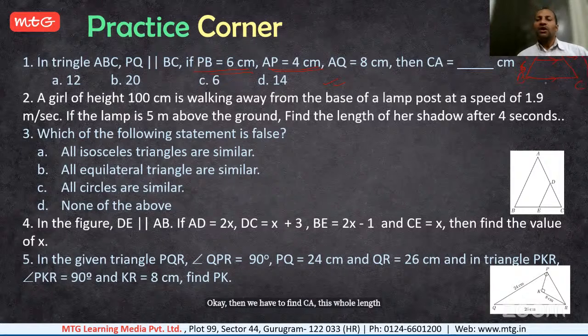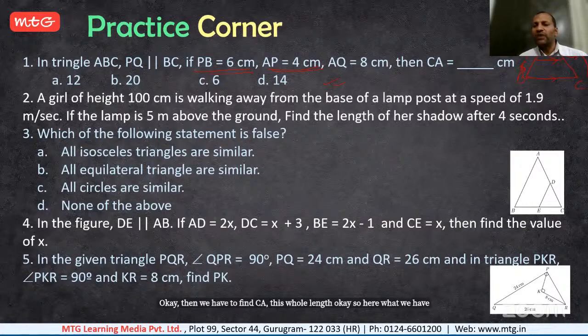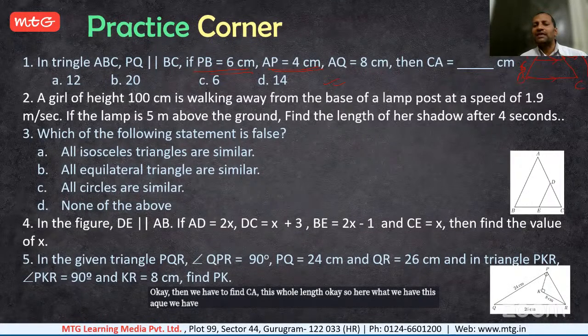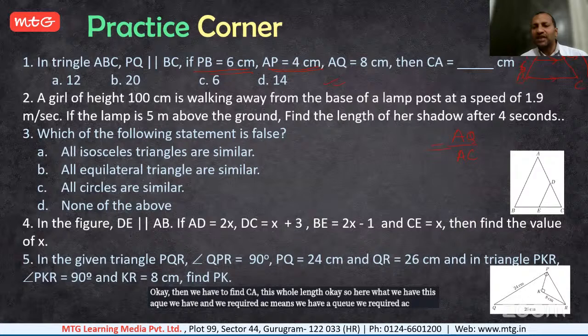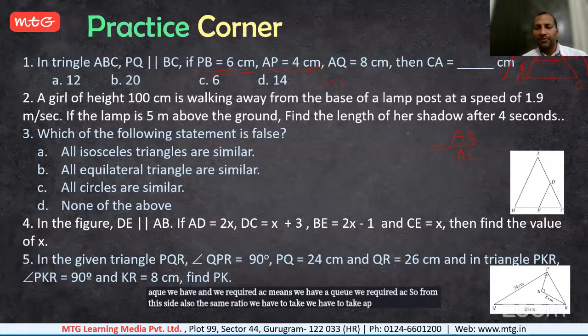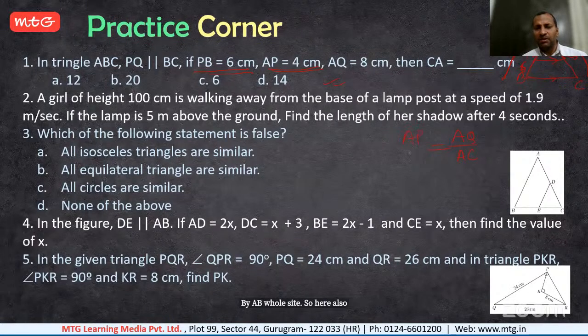Here we have AQ and we require AC. So from this side also, in the same ratio, we have to take AP by AB, the whole side. Now just put the values.